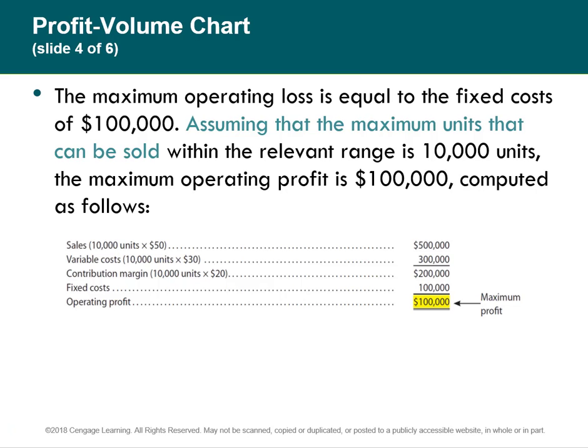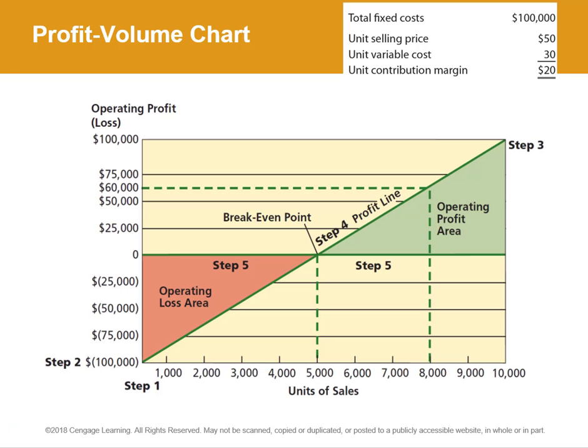So now we'll take a look. Okay, so notice that the zero is here in the middle, correct? This is zero, and there's our fixed cost, which brings us down below zero. Our fixed cost is all the way down at 100,000 because that's our total fixed cost.